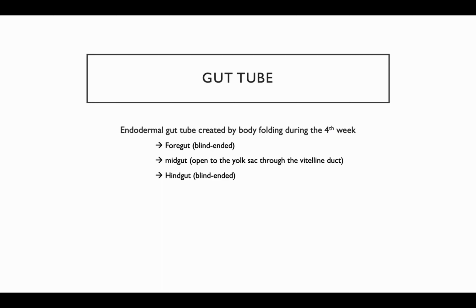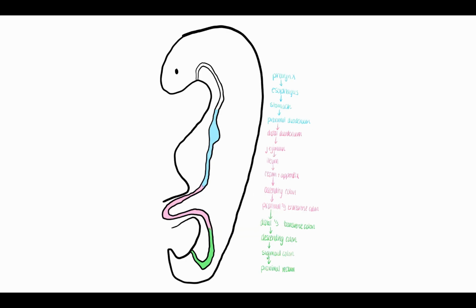But in order to really understand the different parts of these foregut, midgut, and hindgut, it's important to understand the actual anatomical structures and the blood supply. So here, this is just kind of color coding the different parts. So you can see the pharynx, the esophagus, the stomach, and the proximal duodenum. This is like the embryologic crude drawing of that.